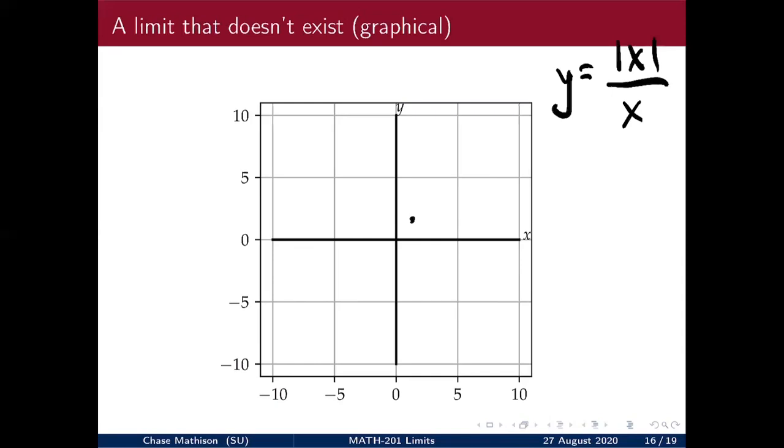The absolute value of x is 5, so I do 5 divided by 5 to give me 1, right? And really, at any point where x is positive, I'm going to get 1 everywhere, right? And so I'm going to get an open circle there because I can't define this at 0. I'm going to get something like that. Ignore how my dots look. What about for x negative? If I plugged in x equals -1, what would I get?